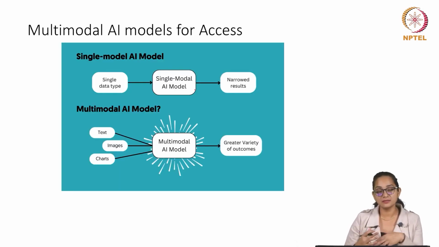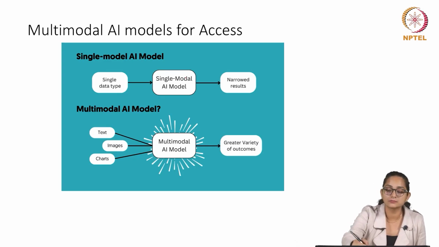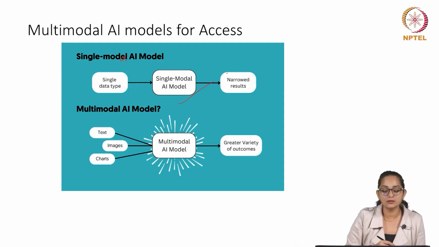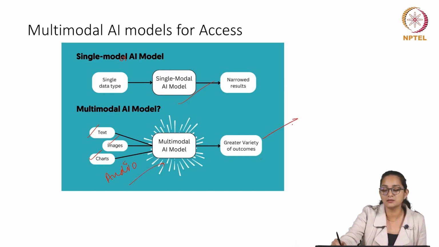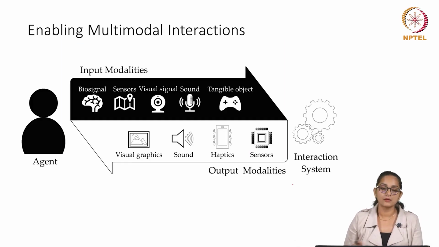This is a basic difference between a single modal AI model, which takes a single type of data, and a multimodal AI model, which can take text, image, charts, audio, multiple kinds of inputs and generate multiple kinds of outputs. So multimodal AI is able to enable multimodal interactions.